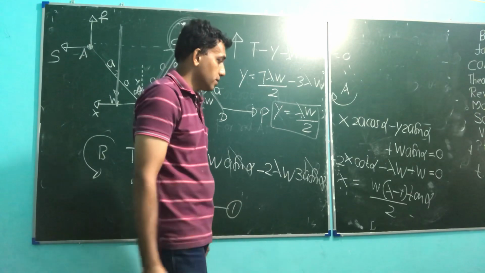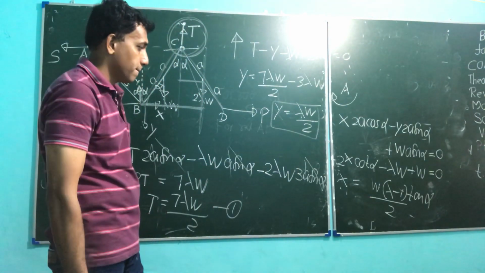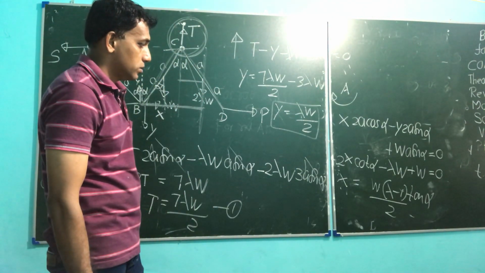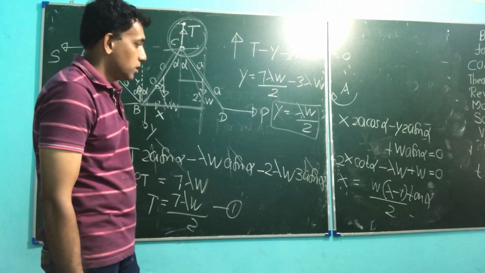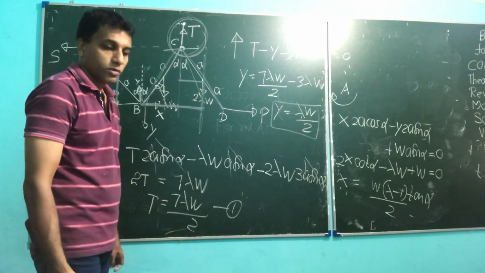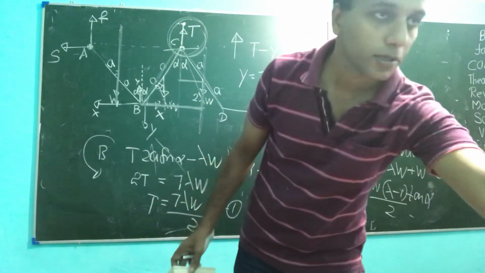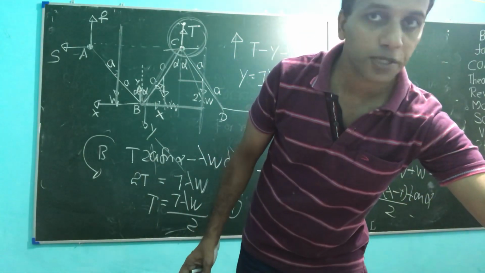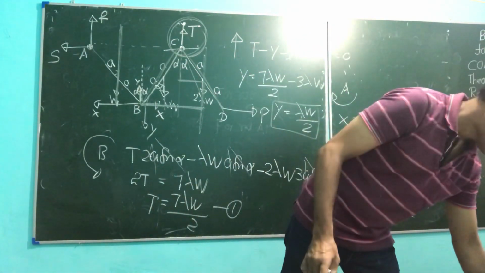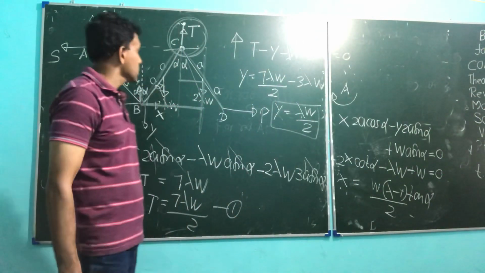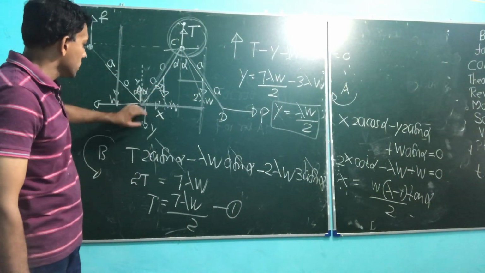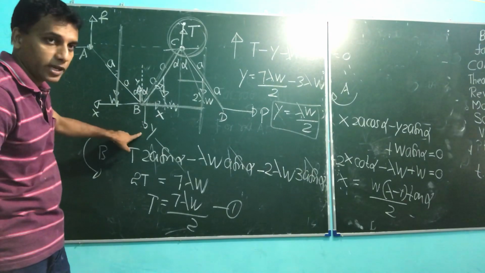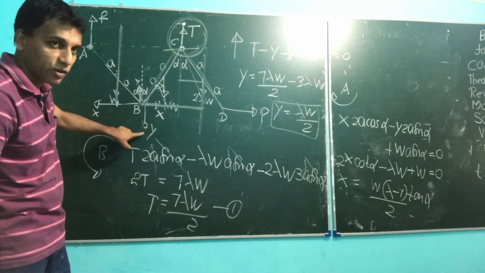Okay, that. Right. Now see, now we can complete, I think, this remaining part. Now see this joint, you know x, you know y. You know the x value, you know the y value.